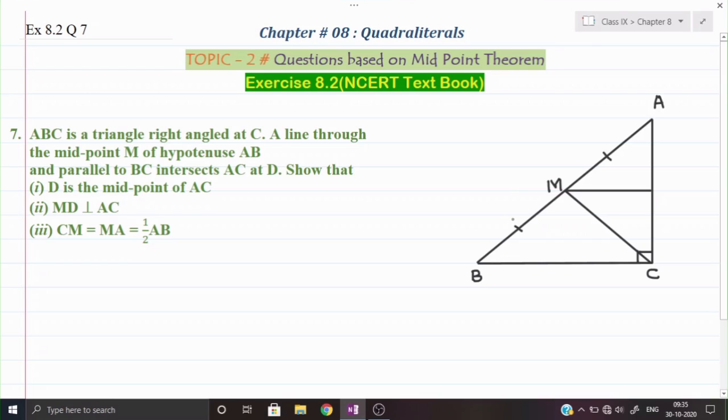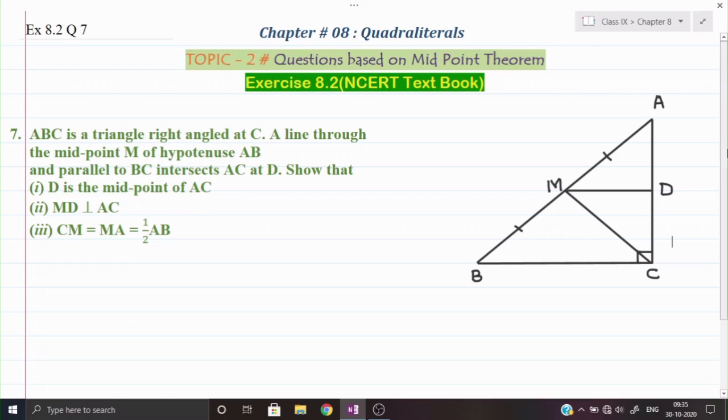Now from the point M we have drawn one line which is parallel to the base BC, and that line intersects AC at D. So in short, MD is parallel to base BC.